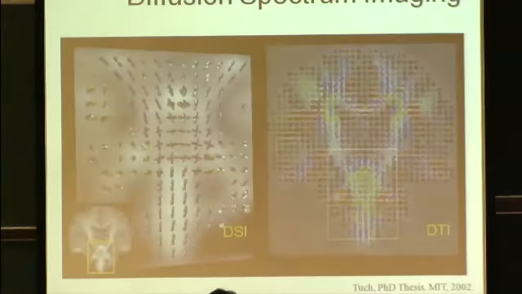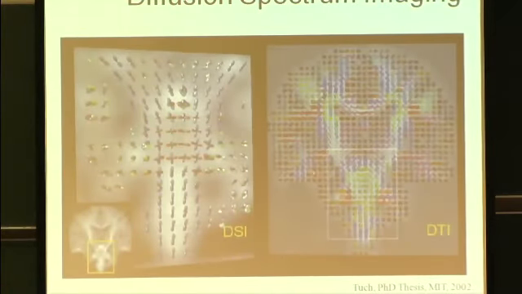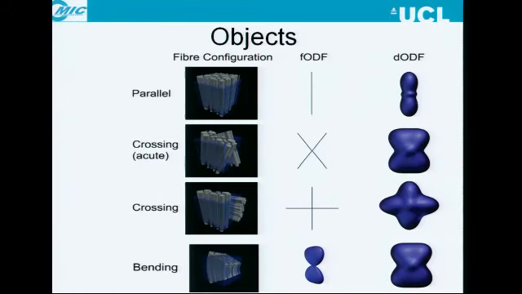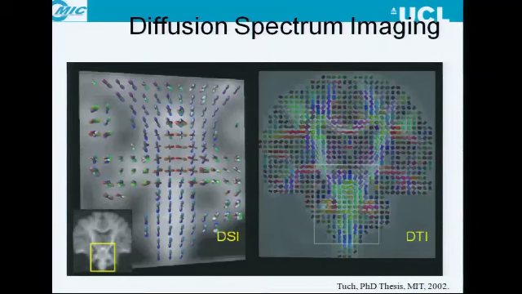Now let me show you how it looks. So this is 2 examples. This is what's called diffusion tensor imaging, which has been around about 10 years, which assumes that the orientation is simply described by an ellipse. In other words, all that's being sought are the directions and the eigenvalues of a 3x3 matrix.